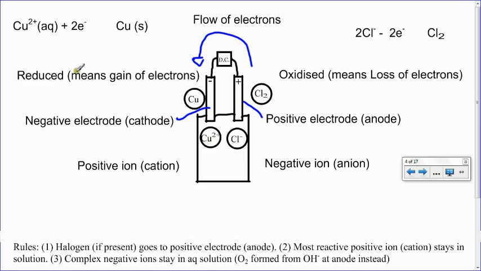And if reduced means gain of electrons, you can see here's the copper ion, it gains 2 electrons and it forms the element copper. Here the chlorine ion will be attracted to the positive electrode, where it will give up its electrons. The electrons will flow around here, so we can show that the chlorine becomes oxidized. It loses 2 electrons to form chlorine gas, the element.